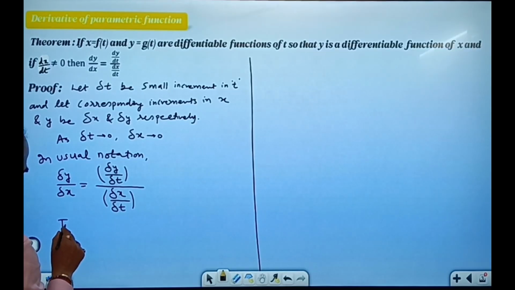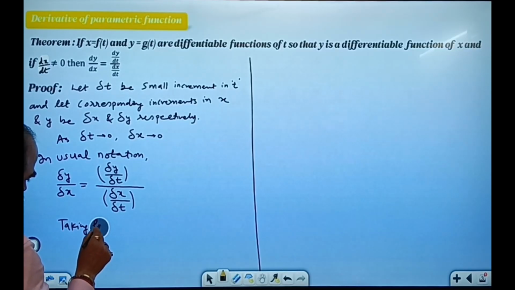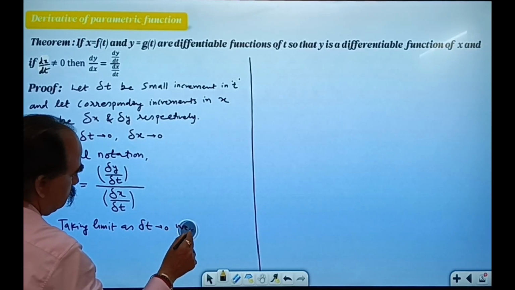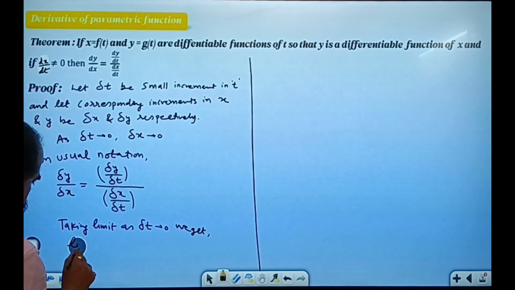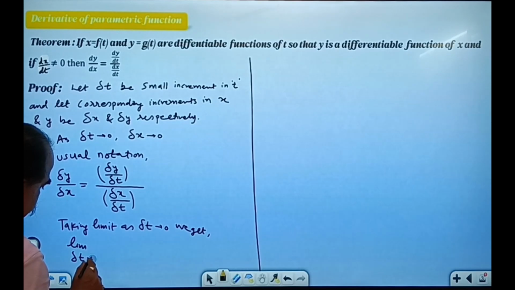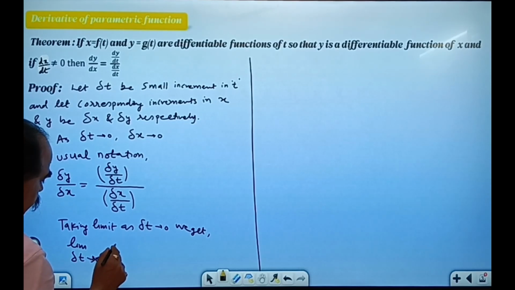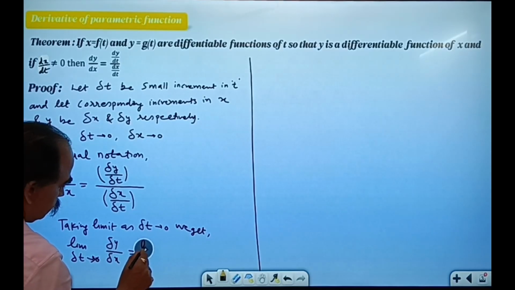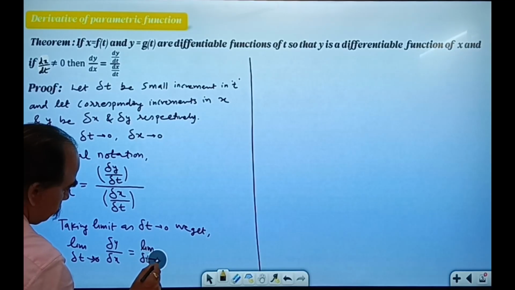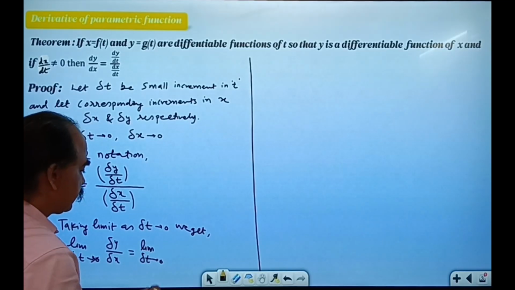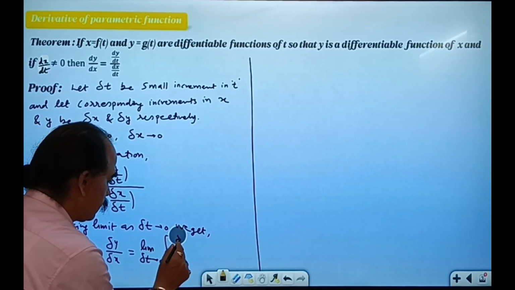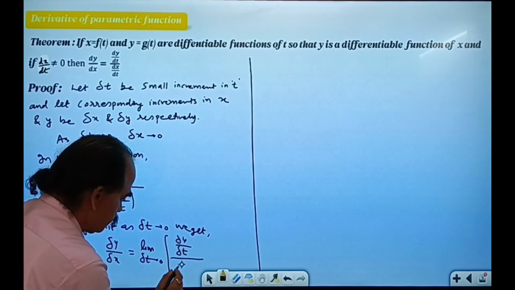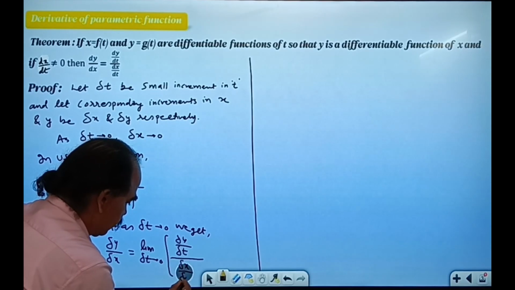Taking limit as delta t tends to 0, we get limit delta t tends to 0 of delta y by delta x equals limit delta t tends to 0 of delta y by delta t upon delta x by delta t.